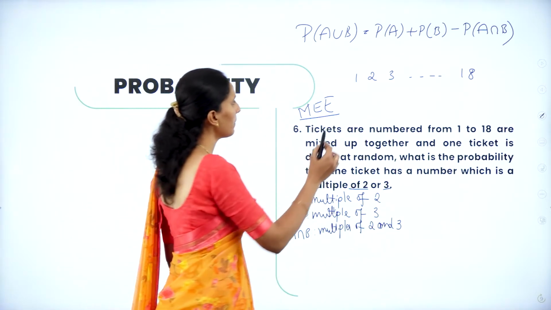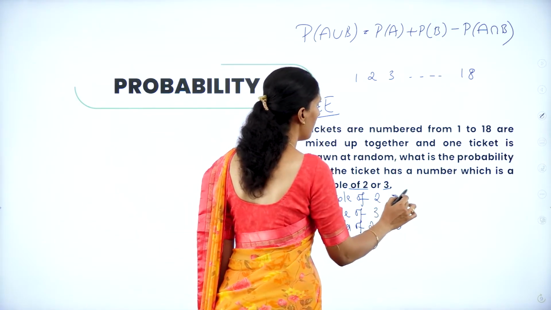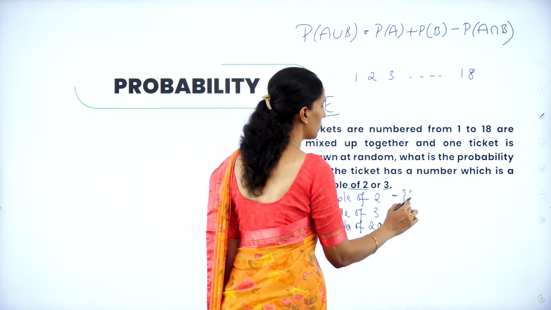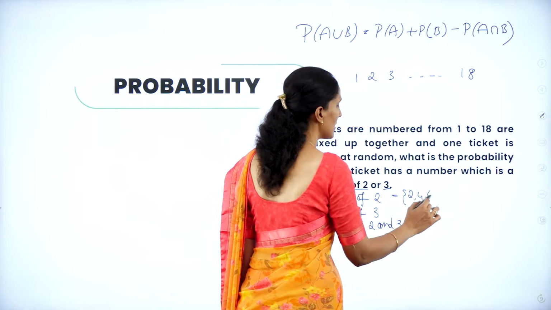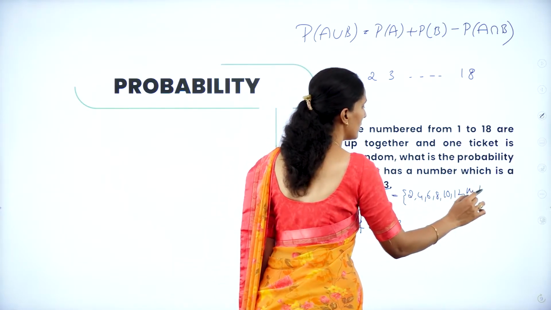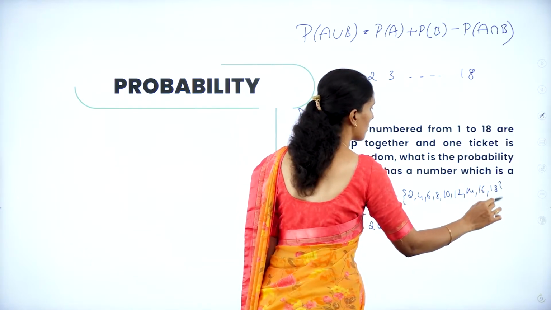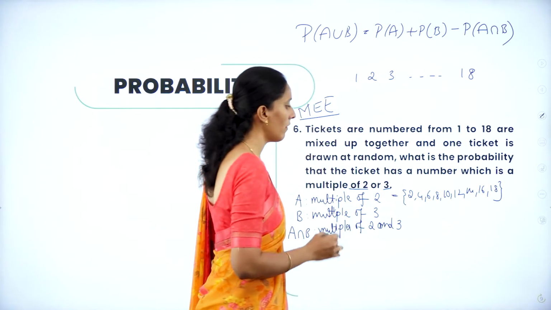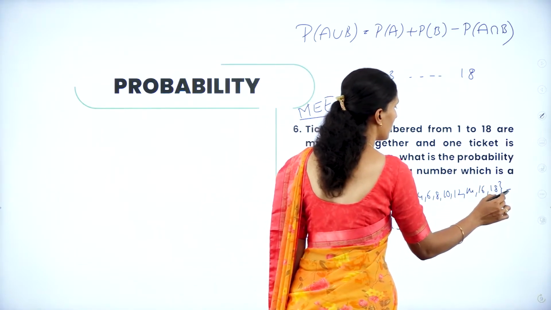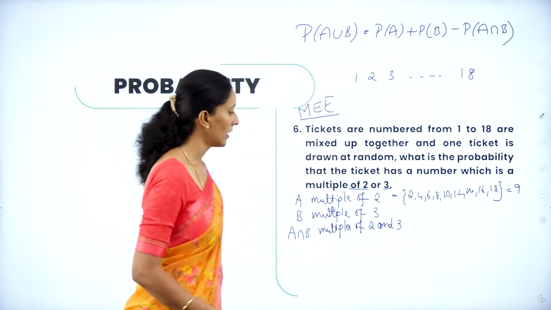So what are the multiples of 2 from 1 to 18? 2, 4, 6, 8, 10, 12, 14, 16, 18. How many terms do you have? 1, 2, 3, 4, 5, 6, 7, 8, 9. You have 9 outcomes for this event.